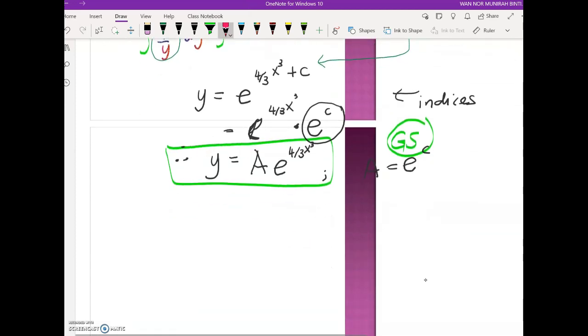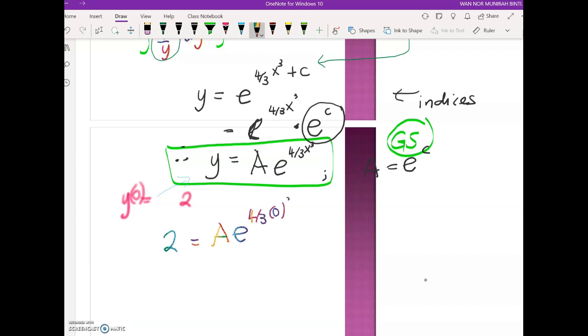The given initial condition tells you that y equals 2 when x equals 0. So I substitute into my general solution, so that I have 2 equals a e to the 4 over 3 times 0 cubed. Exponent 0 gives us 1, so I have a times 1 which is a, and my left hand side is 2, so I can conclude that a equals 2.